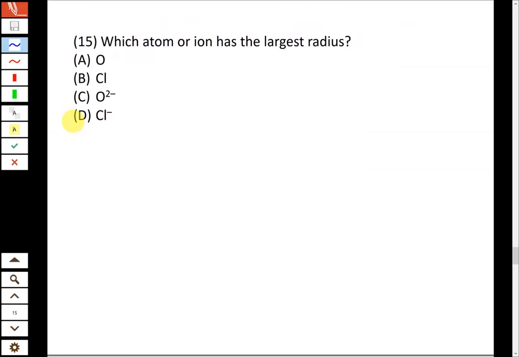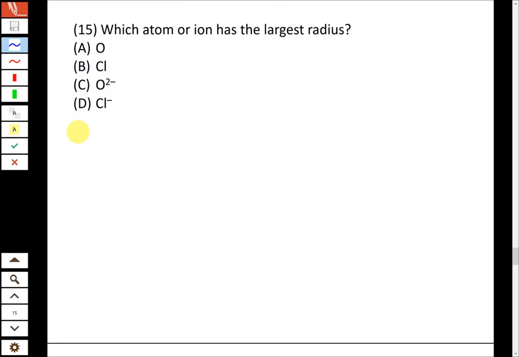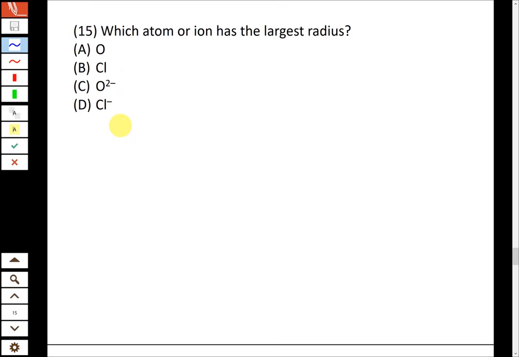All right, and then number 15 deals with atomic or ionic radius. The atomic radius we kind of already covered earlier, but for ionic radius we haven't really talked about it yet. Now the key concepts here for atomic versus ionic radius: if we're comparing a neutral atom to an anion, anions are much larger than neutral atoms.